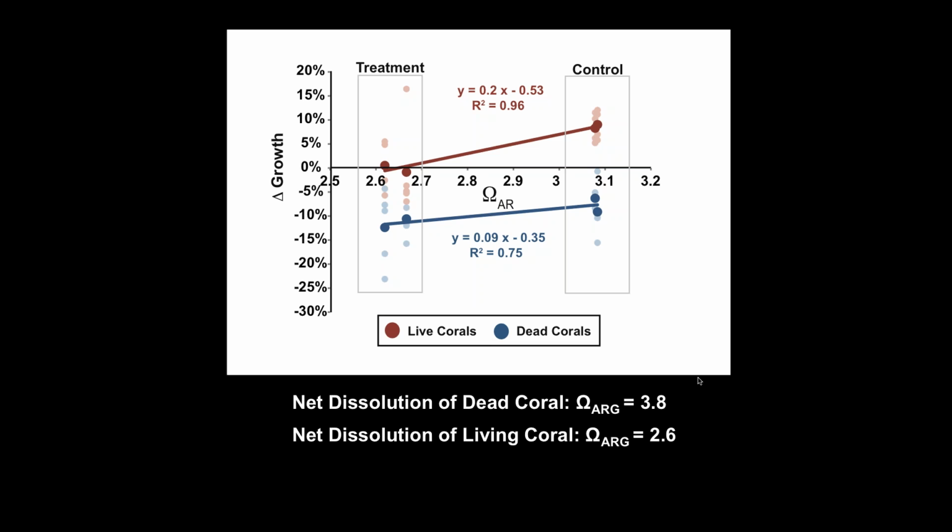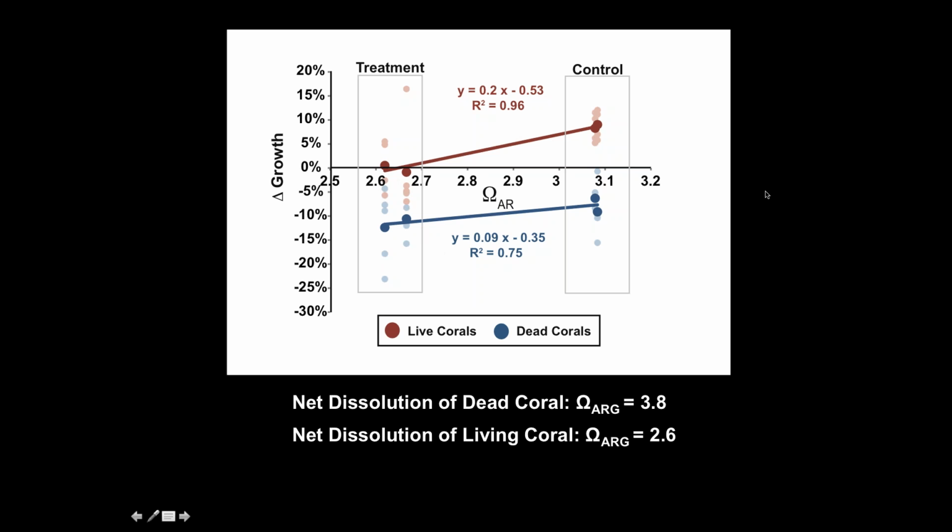And so when we take all of our FO studies and we look over the 200 days at the change in the aragonite saturation state, you can see that the live corals, which are shown in red, don't start to experience negative net calcification until an aragonite saturation state of 2.6, whereas the dead corals started to dissolve, have net dissolution at an aragonite saturation state of 3.8.